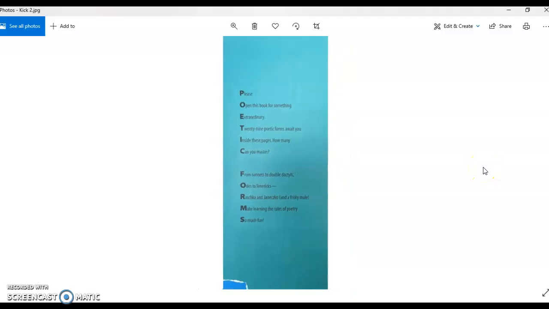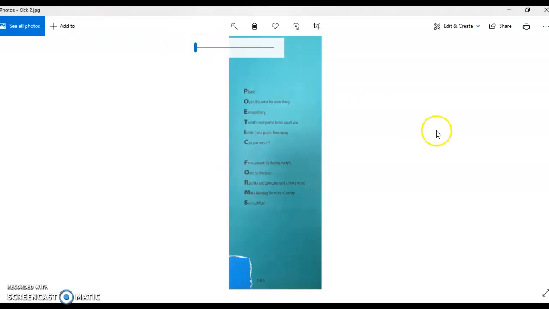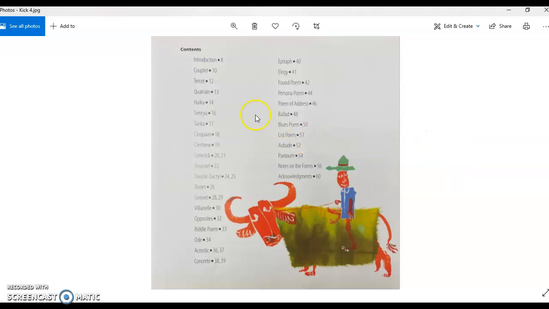So moving back to, let's see if I can get this back here. Yep. All right. And this is the title page, A Kick in the Head. And you can see they've got sort of a collected, like a crossword type, Paul B. Janeczko and Chris Raschka. These are all of the different types of poetic forms in this book.